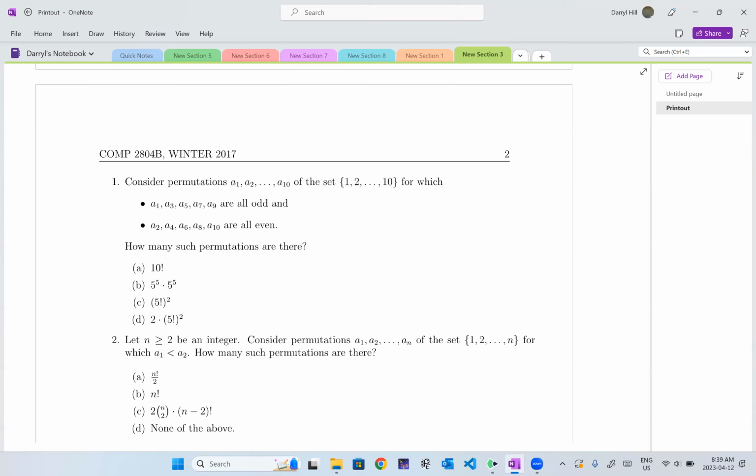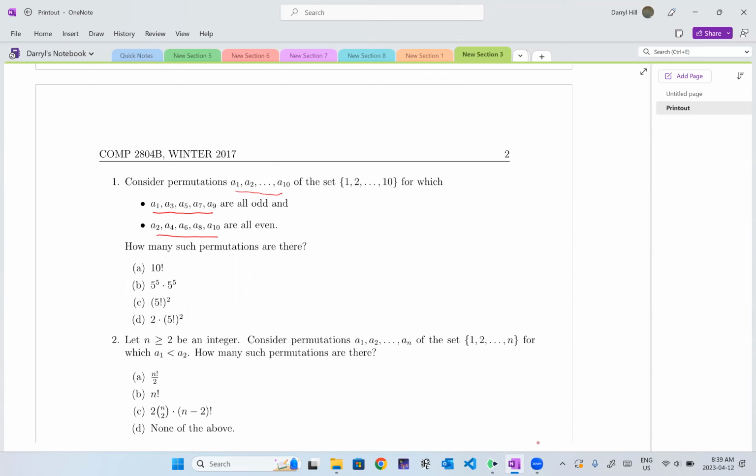Okay. So number 1: consider permutations of the set of numbers 1 through 10, for which all of the odd numbered indices have odd numbers, and all of the even numbered indices have even numbers. How many such permutations are there?